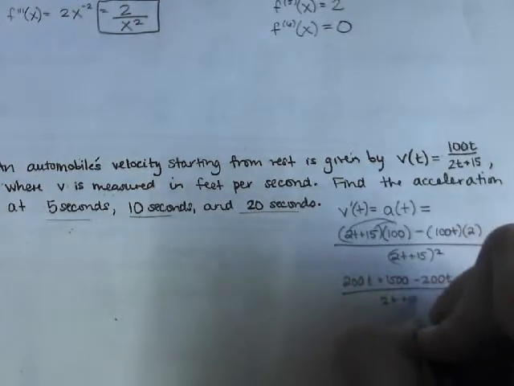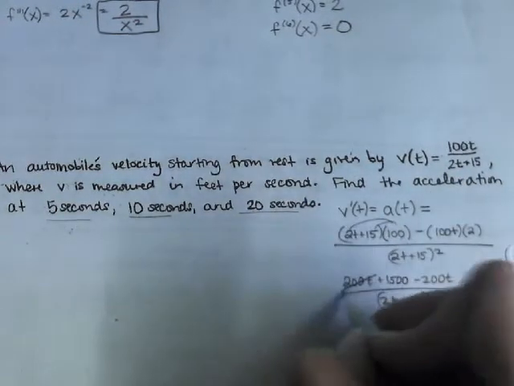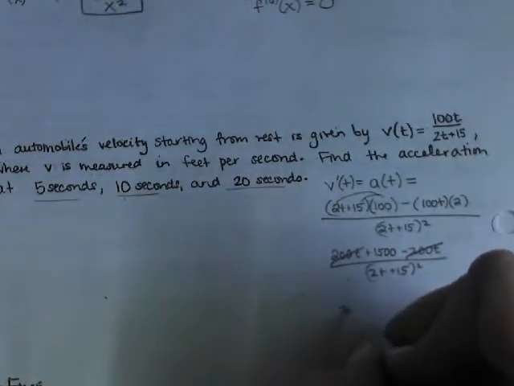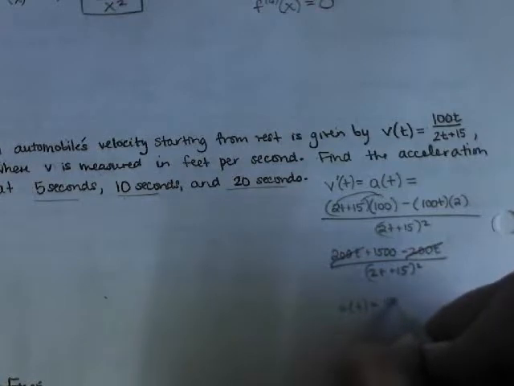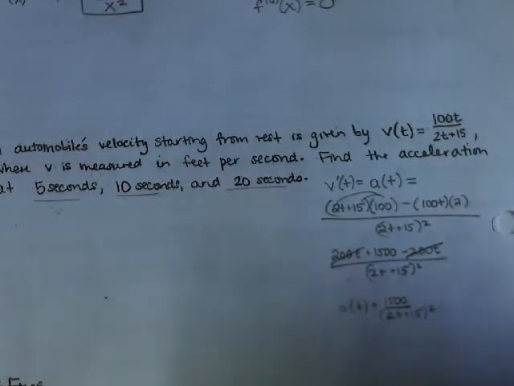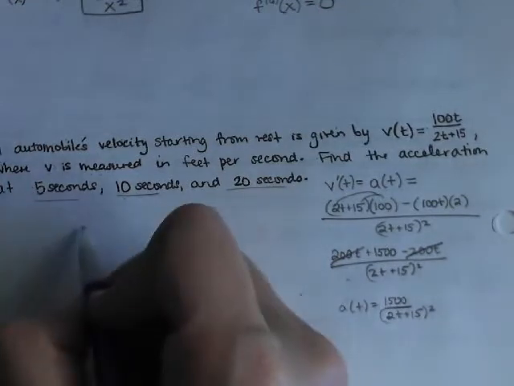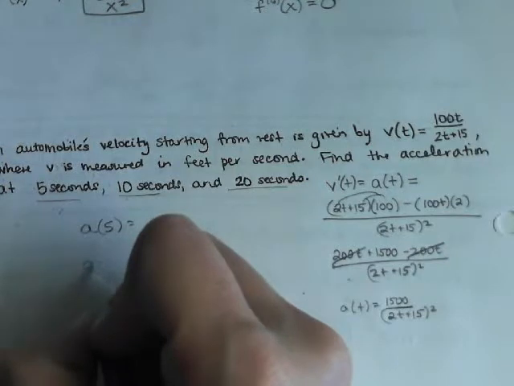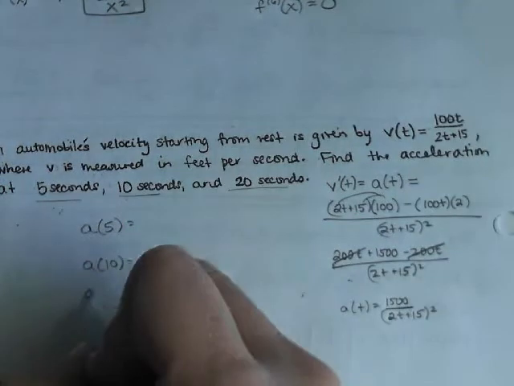So your acceleration formula is 1500 over (2t plus 15) squared. And we need to find a of 5, a of 10, and a of 20. Your acceleration at the 5-second mark, at the 10-second mark, and at the 20-second mark.